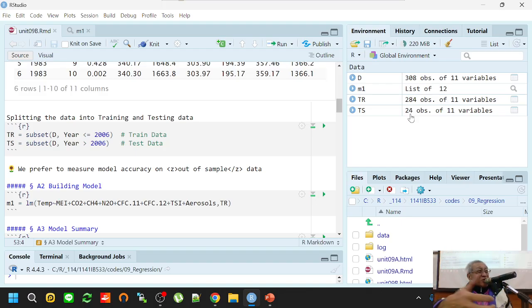When you have a large data set, the difference between training and testing will be lower than with this little data.